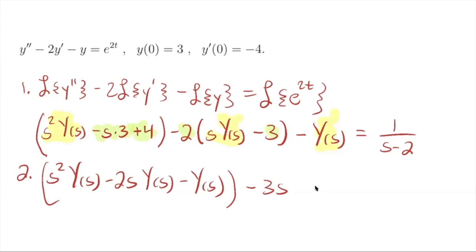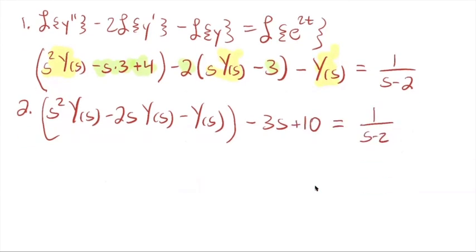And that's, again, where I want to be sure I distribute that 2 to the minus 3 in there. So that gives us plus 10, I think. And so now that we've grouped things, we can pull out the common factor here of y of s.